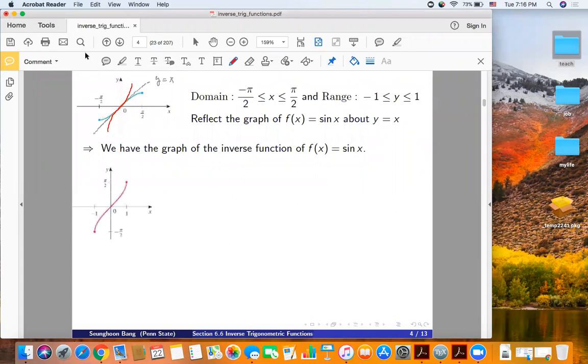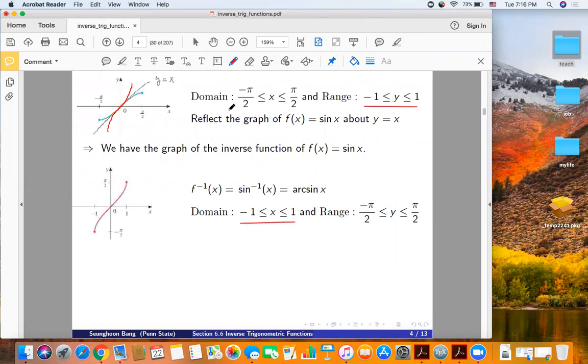I want to use the notation inverse sine of x or arc sine of x. The domain is x from minus 1 to 1. The range is minus pi over 2 to pi over 2. So the range of f becomes the domain of the inverse, and the domain of f becomes the range of the inverse. That is the idea.